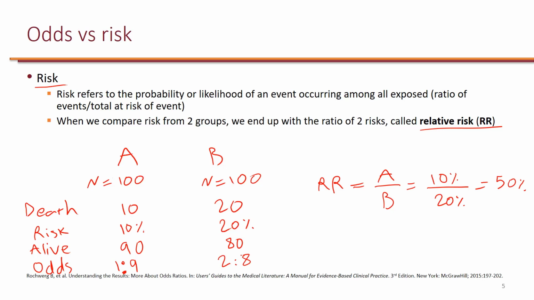And of course, we can also do an odds ratio. So it would be, again, the ratio of A to B. So it would be basically 1 to 9 is the odds in group A, and 2 to 8 is the odds in group B, which is 44%.